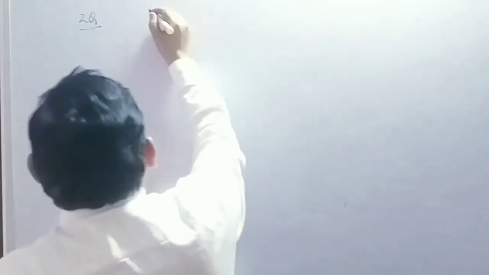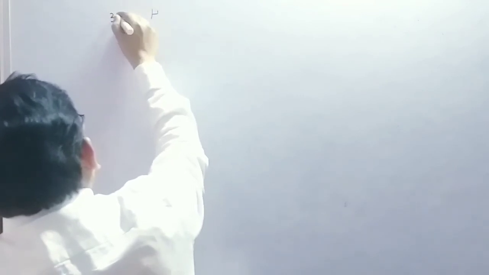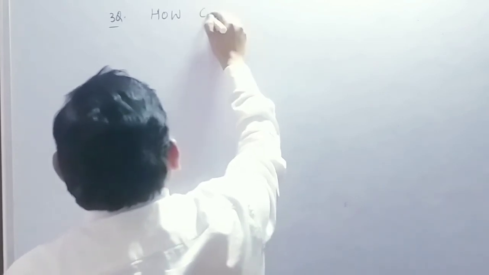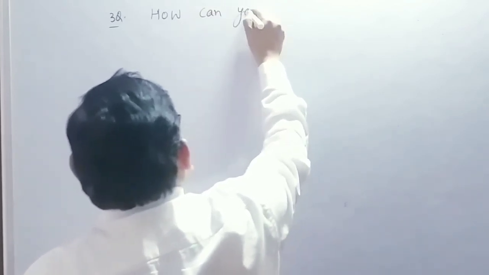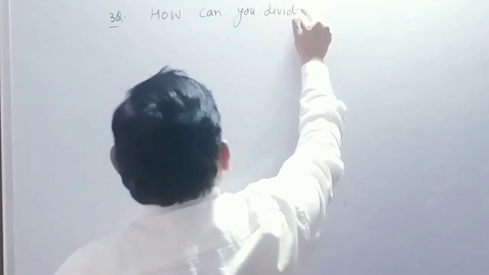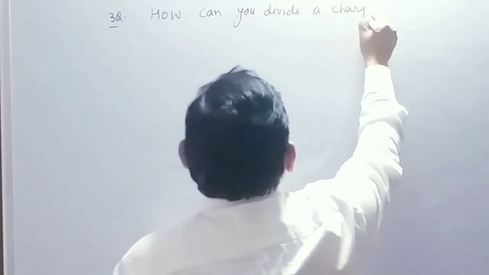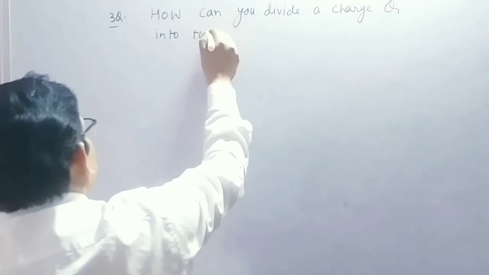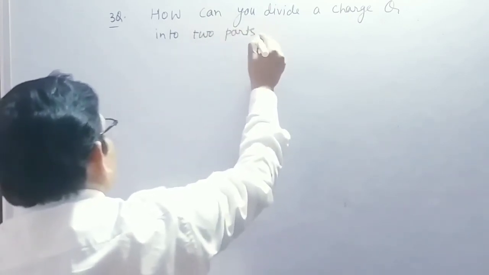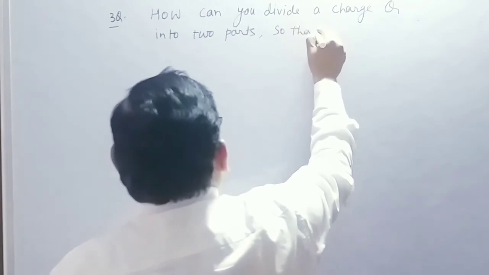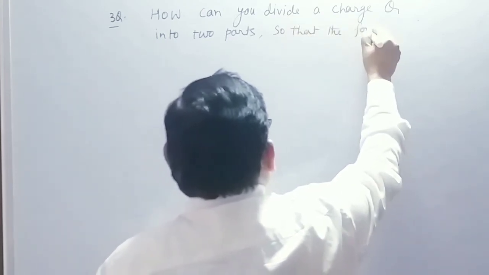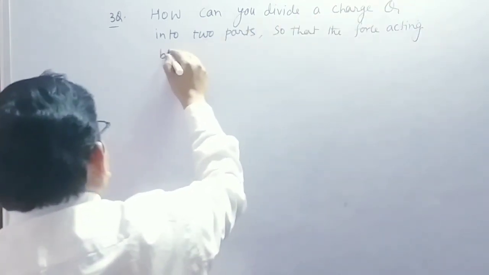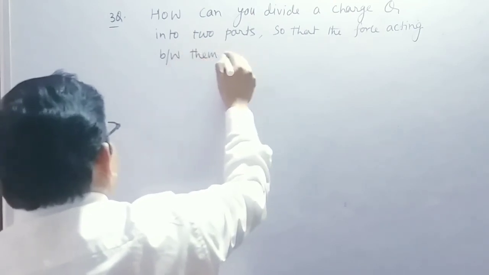Now the third question is: how can you divide a charge capital Q into two parts so that the force acting between them is maximum?